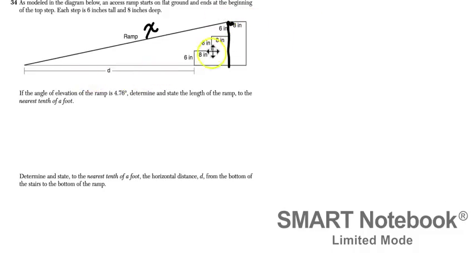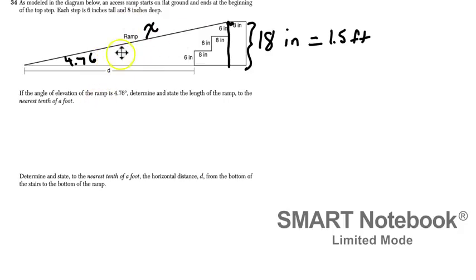Notice that this distance is 6 inches plus 6 inches plus 6 inches, which is 18 inches, which is 1.5 feet. We know the angle of elevation is 4.76. And we're trying to find the length of the ramp in feet.